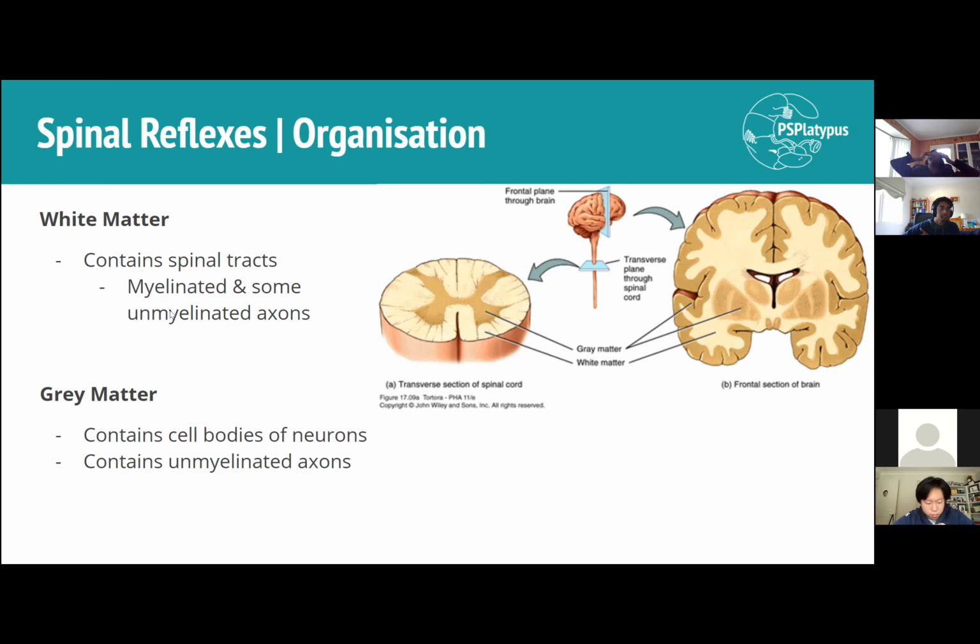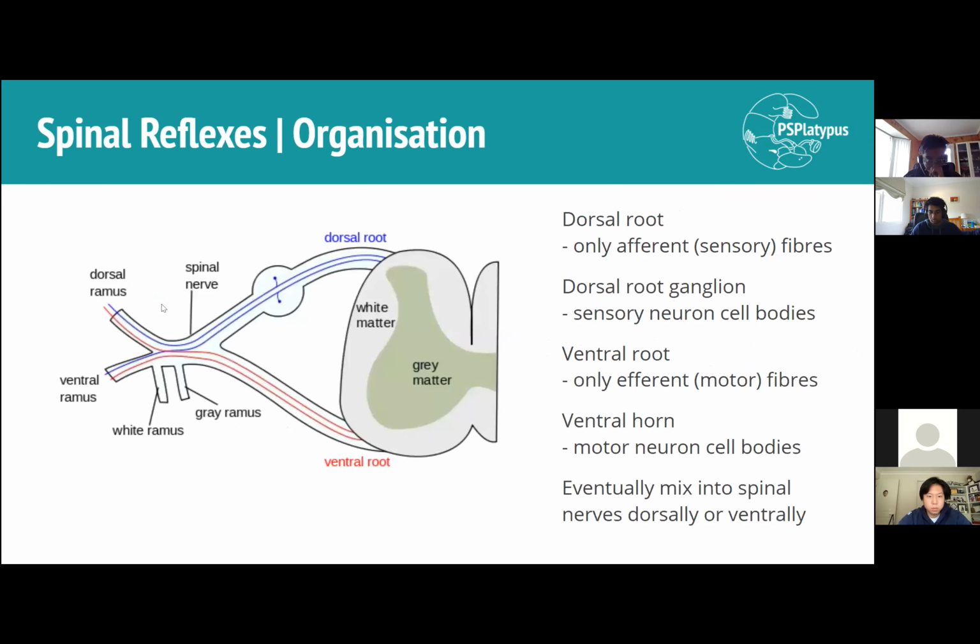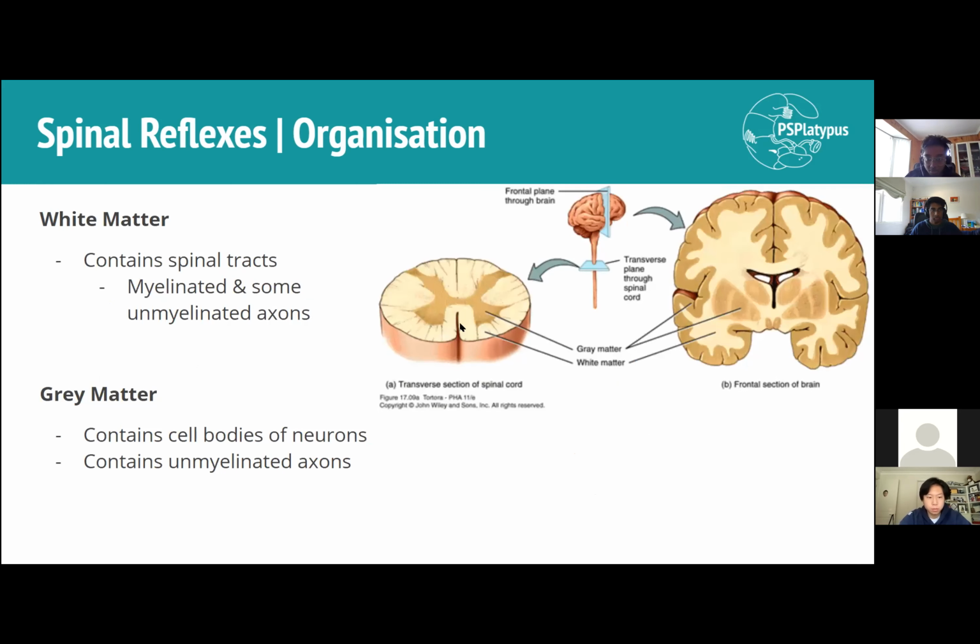The white matter contains spinal tracts, which include myelinated and unmyelinated axons. Gray matter contains primarily unmyelinated axons and also cell bodies of neurons. Also, in the spinal cord, the gray matter is on the inside and white matter is on the outside. That's the opposite of the brain, where white matter is on the inside and gray matter is on the outside.